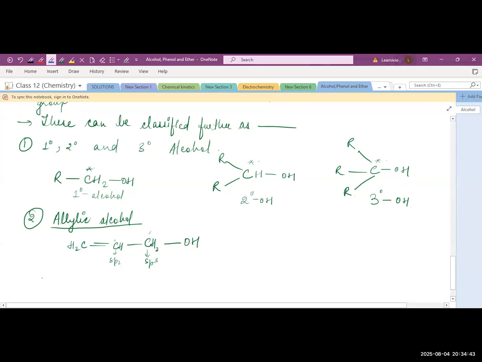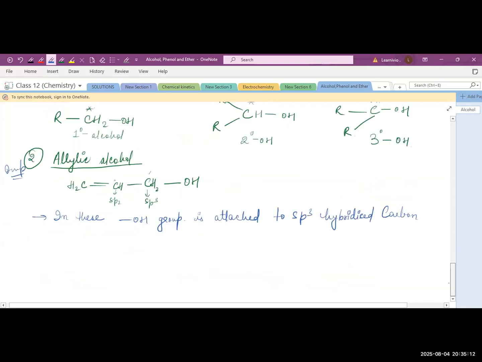So basically, what happens in this, and this is very important, allylic alcohol is important, basic questions are there. So in this, the OH group is attached to sp3 hybridized carbon, which is adjacent to the carbon-carbon double bond, right?